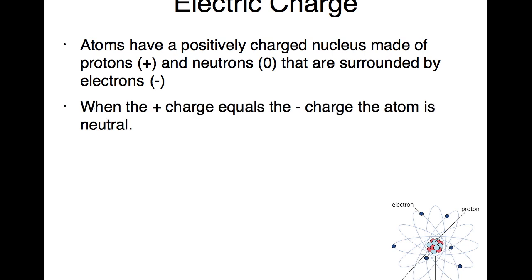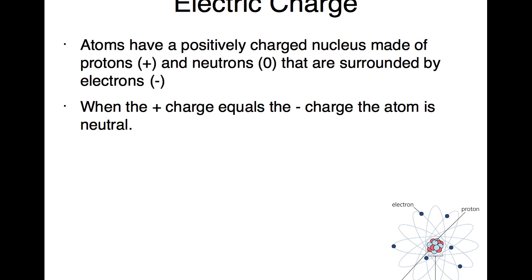So, in an atom, you have two types of charges, a positive and a negative charge. When two opposite charges attract in an atom or any other way, like a magnet, the charge is neutral because two opposites attract.